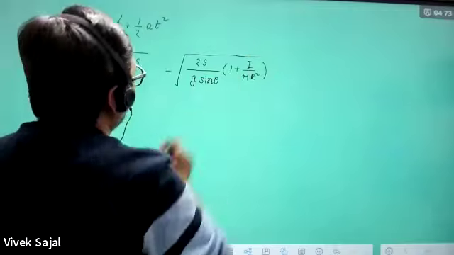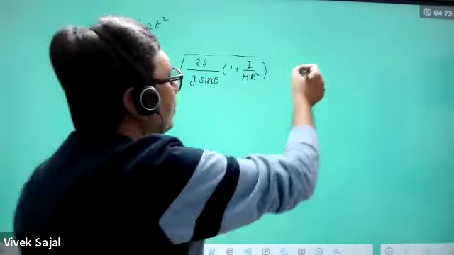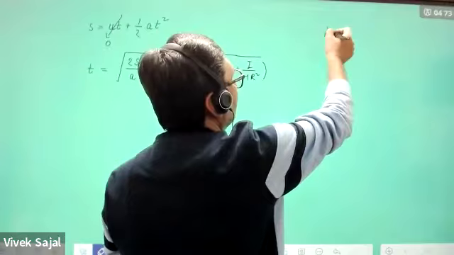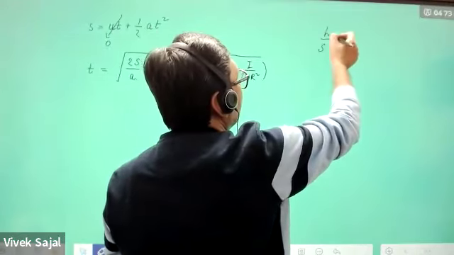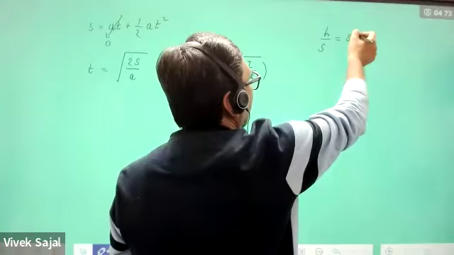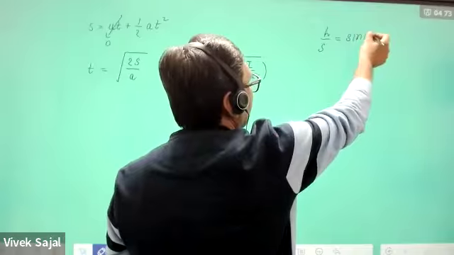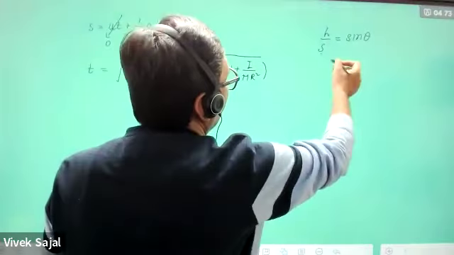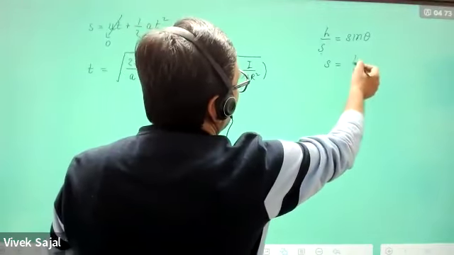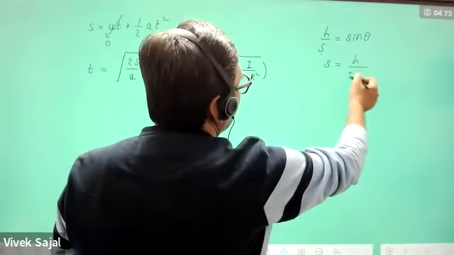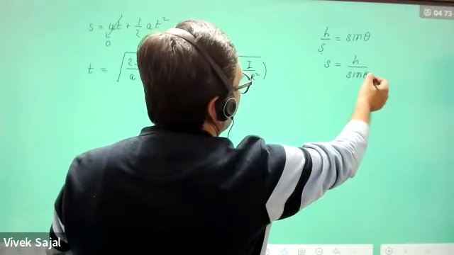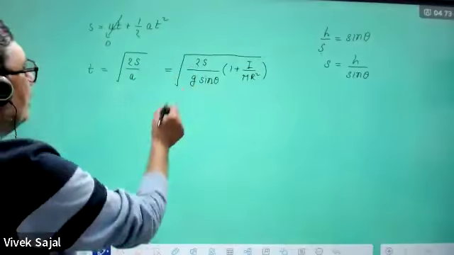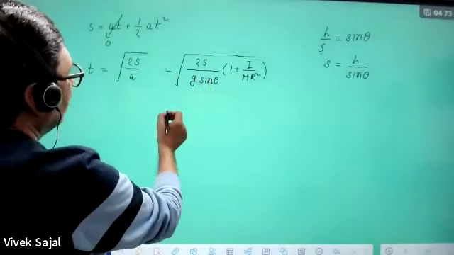And you have observed that h upon s was sine theta. So in place of s, I can write h upon sine theta. So here, then it will be sine square theta.